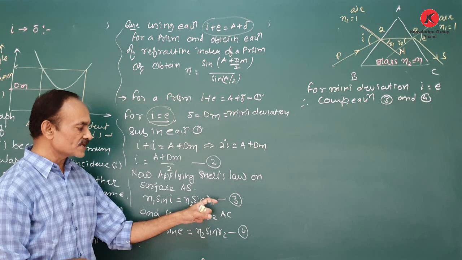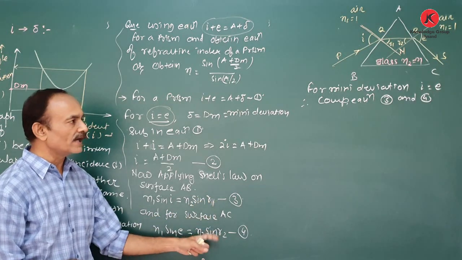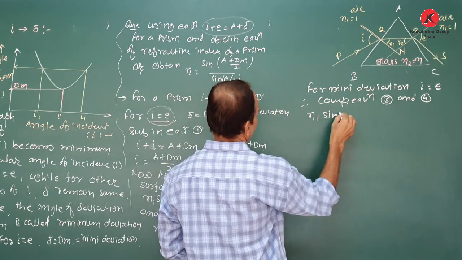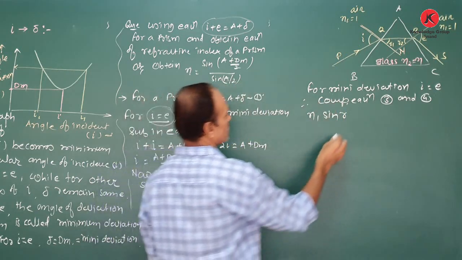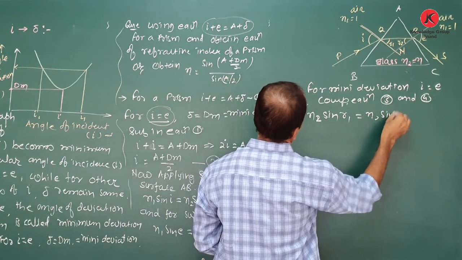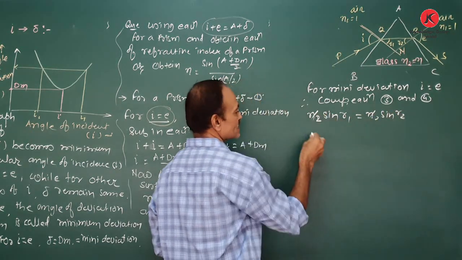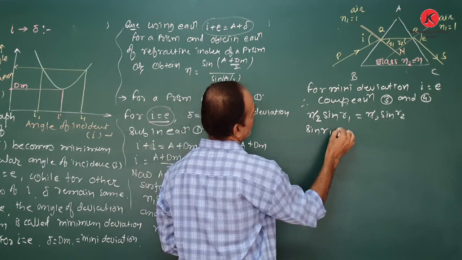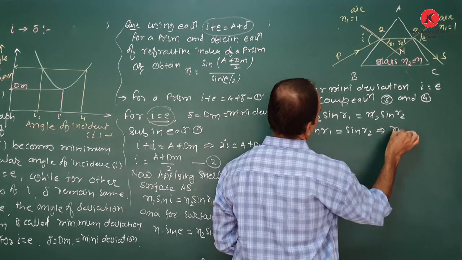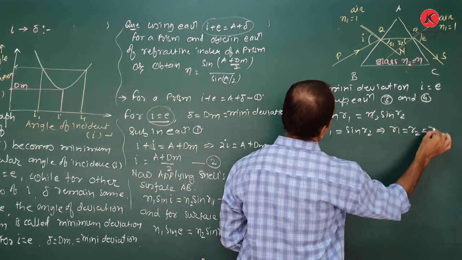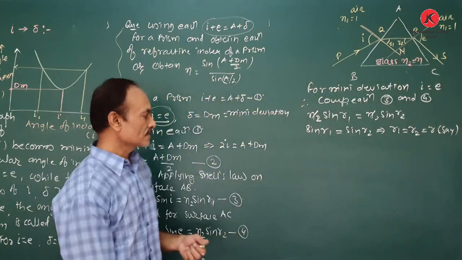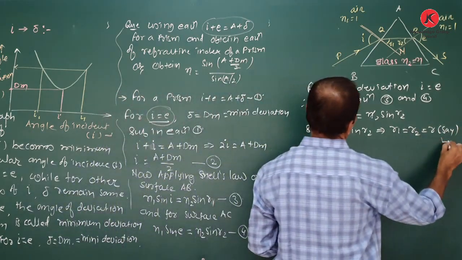Therefore N2 sin R1 is equal to N2 sin R2. N2 cancels, therefore sin R1 is equal to sin R2. Therefore R1 is equal to R2 is equal to R. That is our equation number 5.